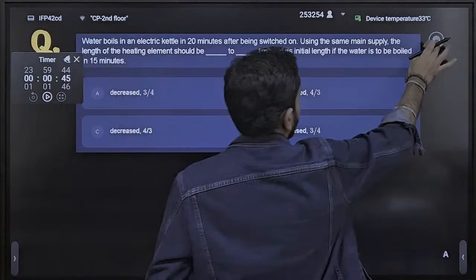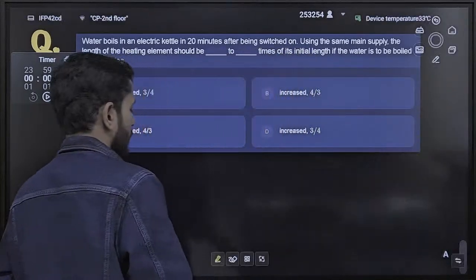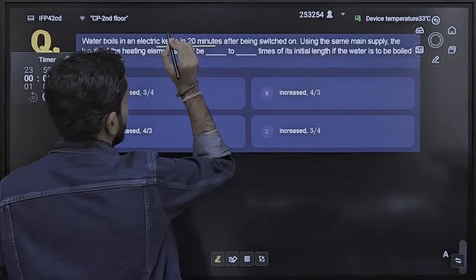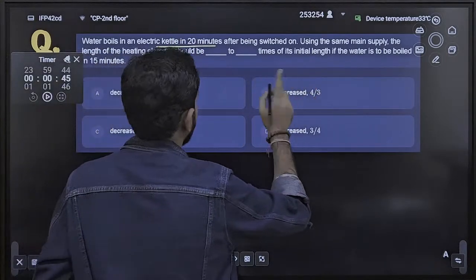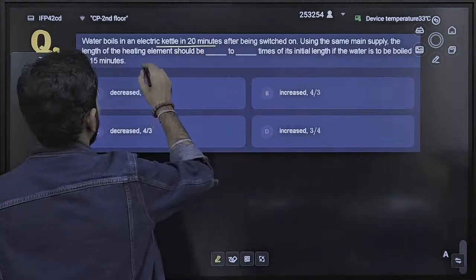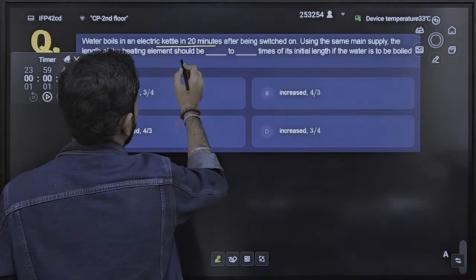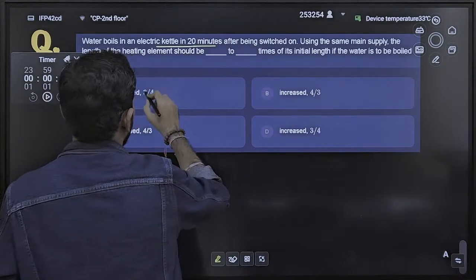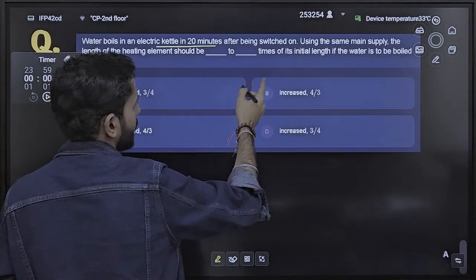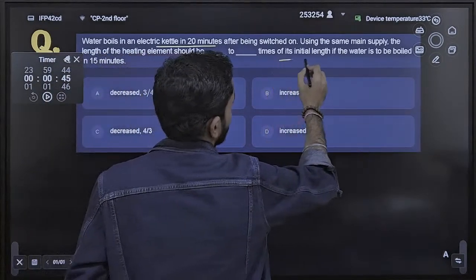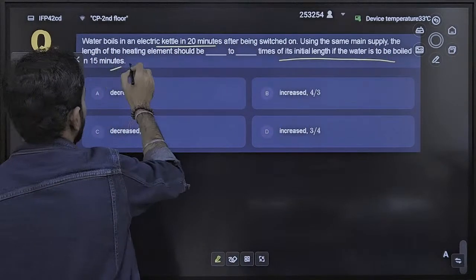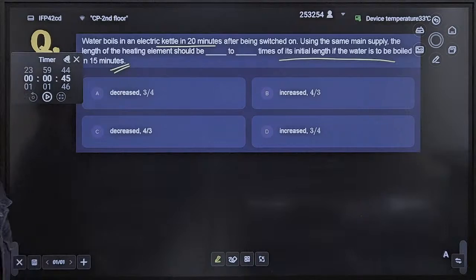Water boils in an electric kettle in 20 minutes after being switched on. Okay. Using the same main supply, the length of the heating element should be: there are four options, decrease, increase, for how many times to its initial length when the water is to be boiled in 15 minutes. If water has to be boiled in 15 minutes.